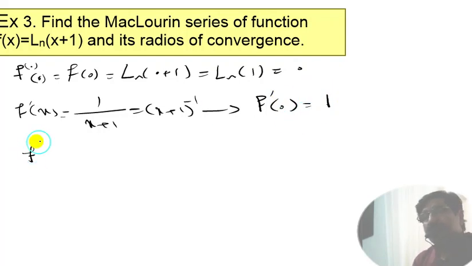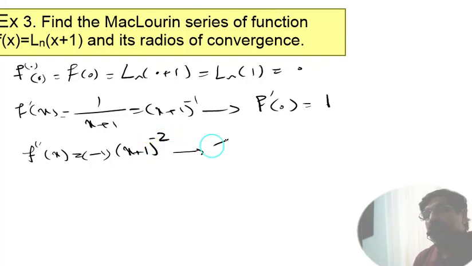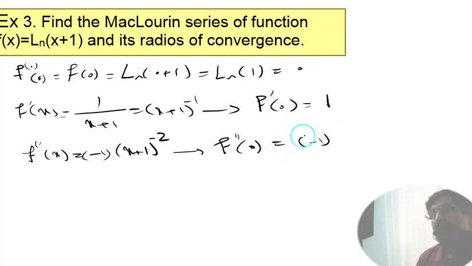Next, f double prime of x is minus 1 times (x+1) to the power of minus 2. f double prime of 0 is minus 1.